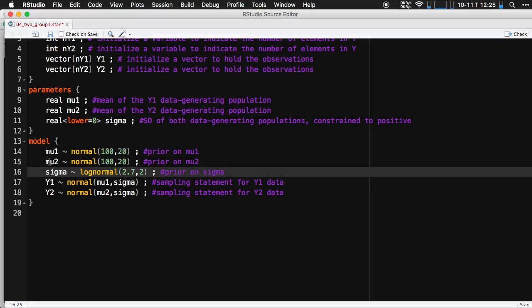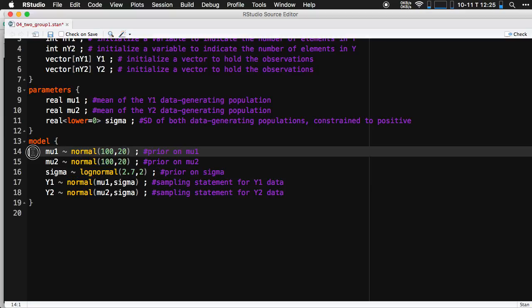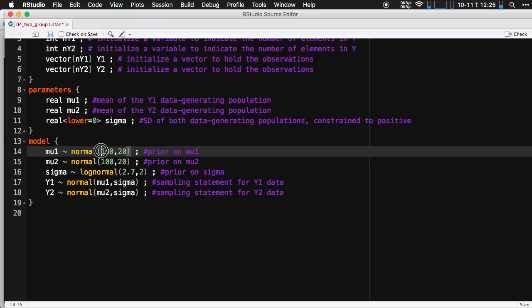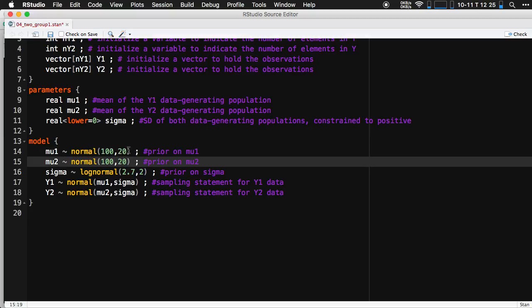Makes a nice shape. But for mu1 and mu2, we have a prior for both centered on 100, and the amount of certainty in that value is, what was the phrase I said? Weakly informed.